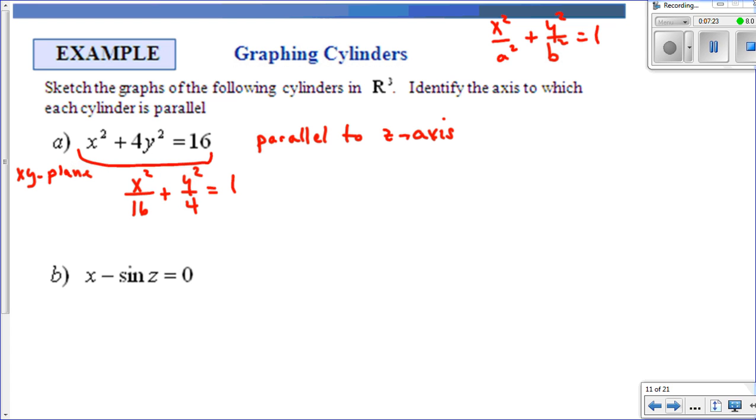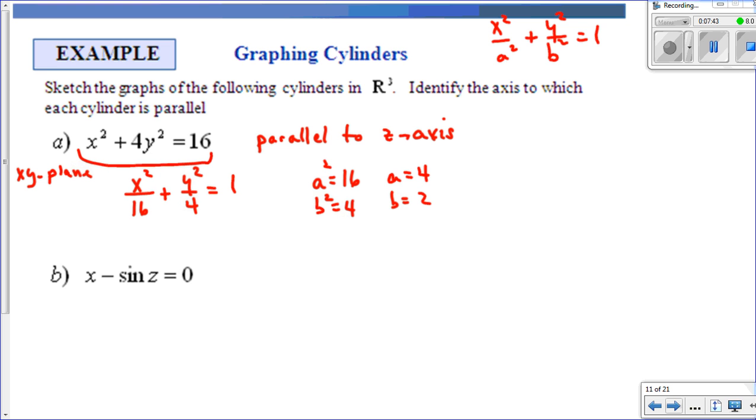So here, since the 16 is the larger one, I know that a squared is 16. The a is always the larger, and b squared is the 4. So half the length of the major axis is 4, and half the length of the minor axis is just 2.